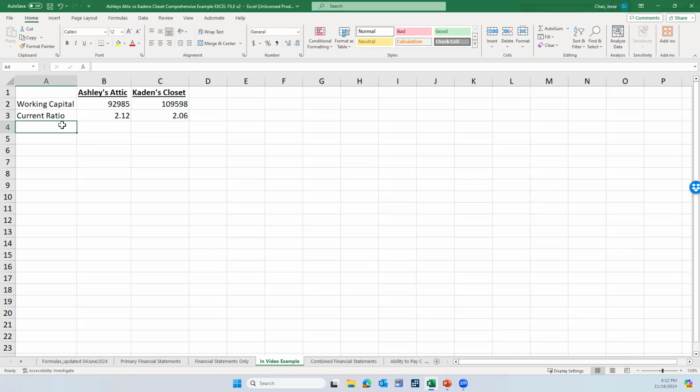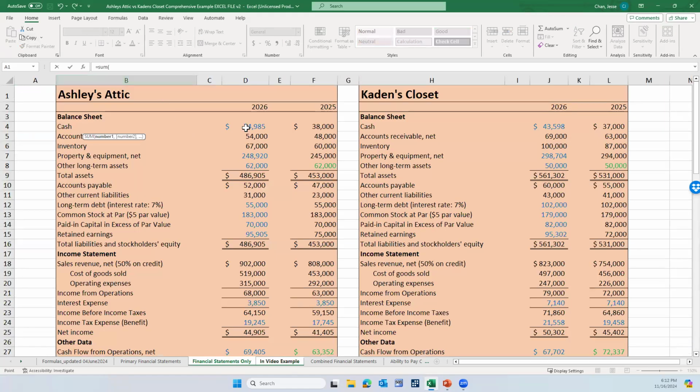Now we can also look at the quick ratio. Remember, the quick ratio is going to be a little more restrictive in the sense that it's only going to consider cash, short-term investments, and net receivables. So for Ashley's Attic, we will take the sum of cash and accounts receivable. It doesn't look like they have any short-term investments.